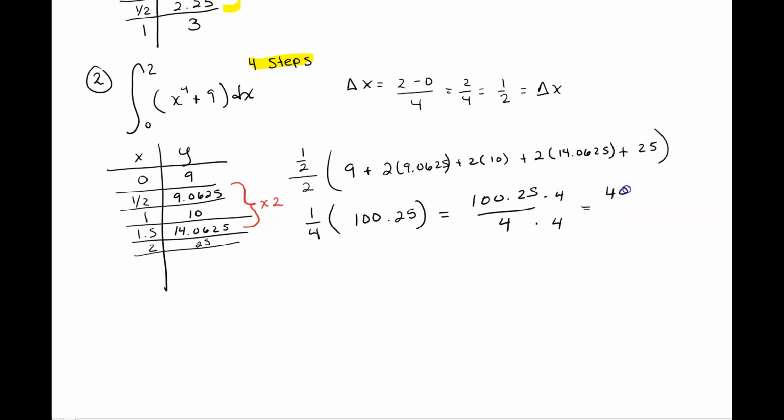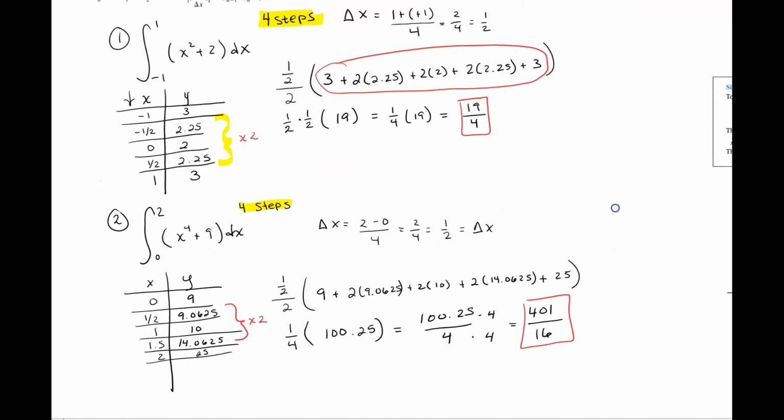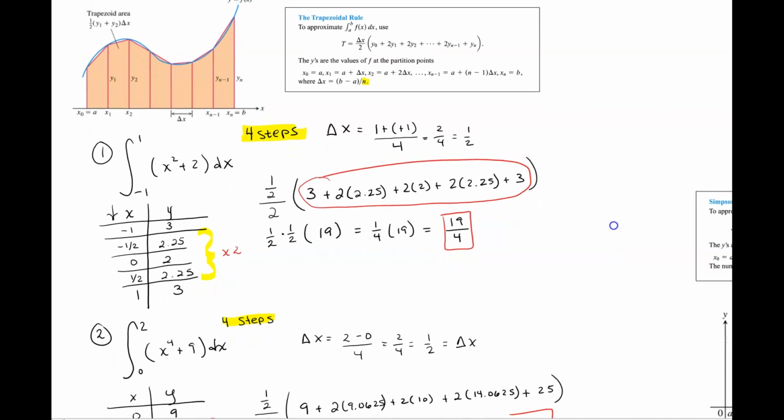And this is going to give me 401 over 16, which works out perfectly for me. So again, really nothing to it. Just a really simple formula that you can follow using the trapezoidal rule to do some numeric integration.